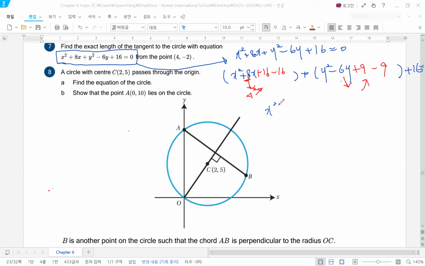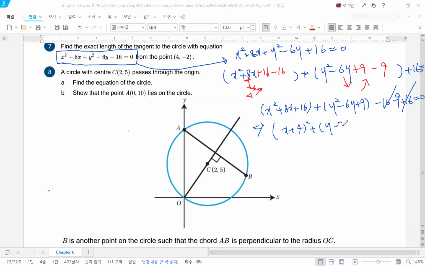Then x squared plus 8x plus 16 plus y squared minus 6y plus 9. Then separate negative 16 minus 9 plus 16 equals 0. Cancel this 16. And then, yes, (x plus 4) squared, very good, plus (y minus 3) squared equals, move minus 9 to the right side, it's going to be 9.